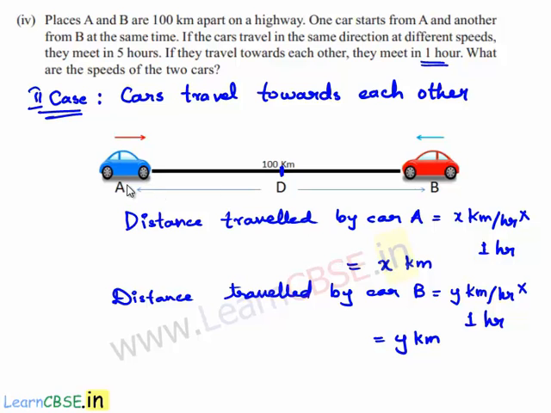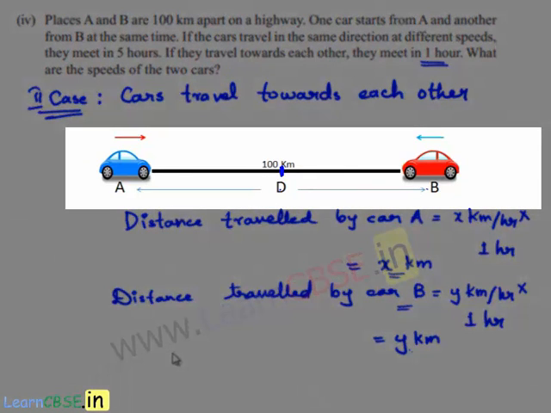So now AD is nothing but the distance traveled by car A, which we got as x kilometers, and BD is nothing but the distance traveled by car B, which we got as y kilometers, and the distance AB is nothing but 100 kilometers. Now we can write AD plus DB is equal to AB.